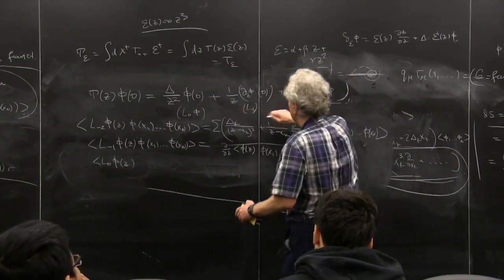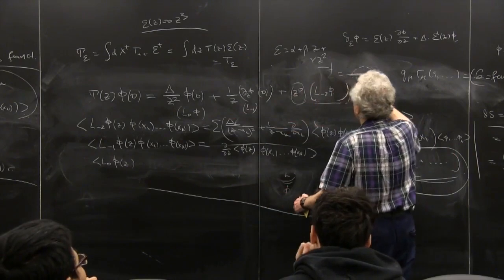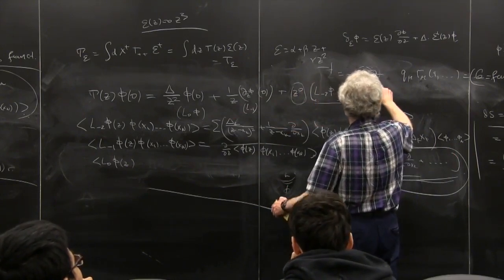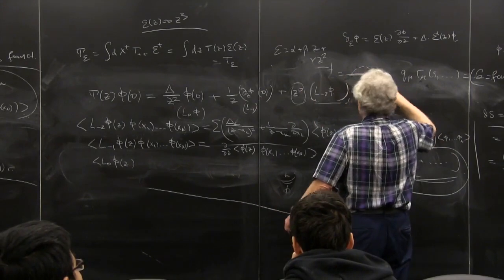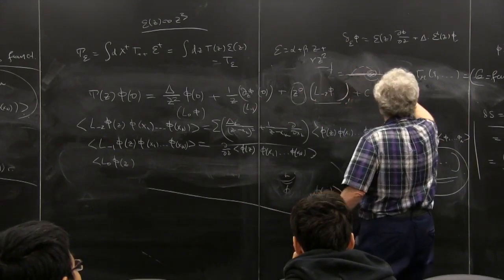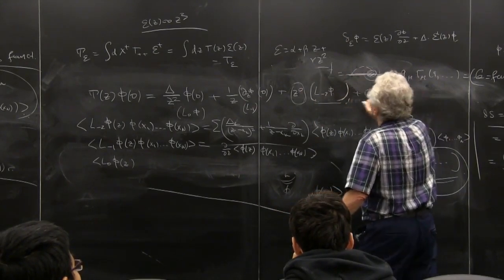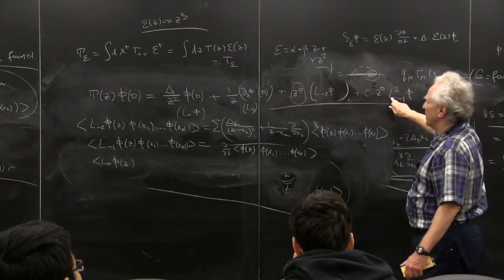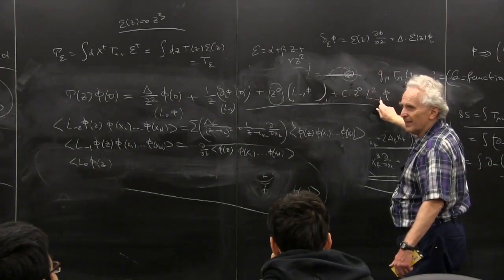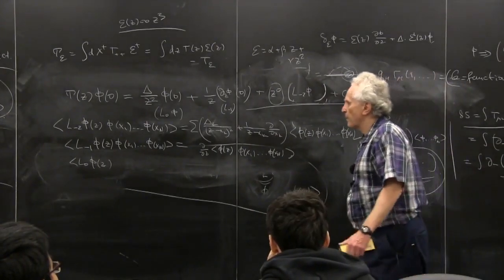You are completely correct, and there is some point here again z to the 0. And you take L minus 1 squared phi. But you already know what L minus 1 squared is.